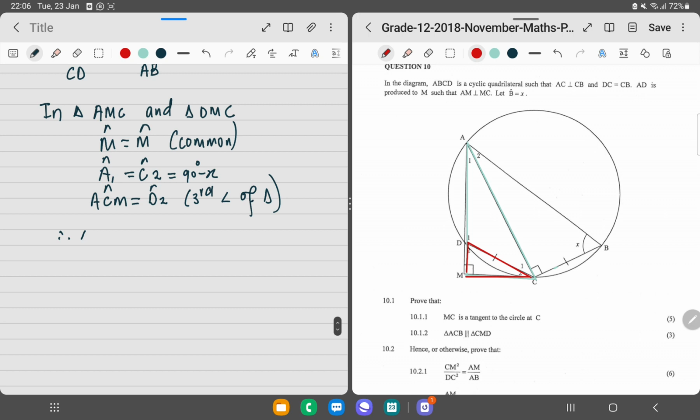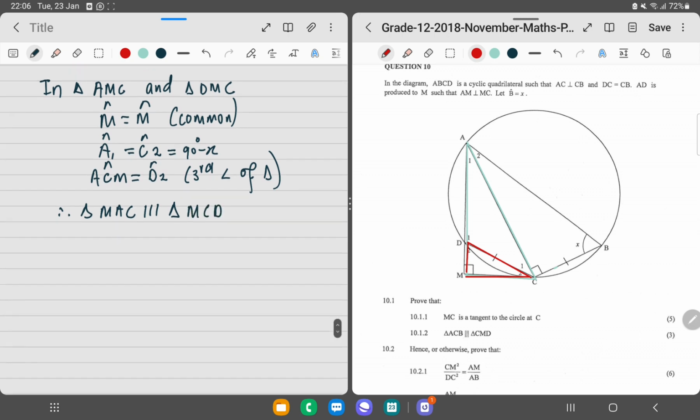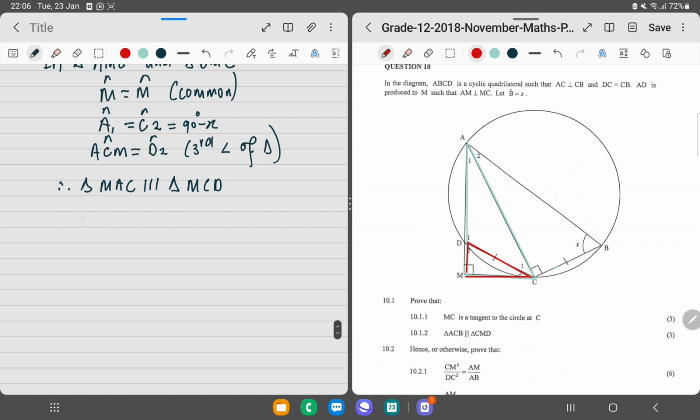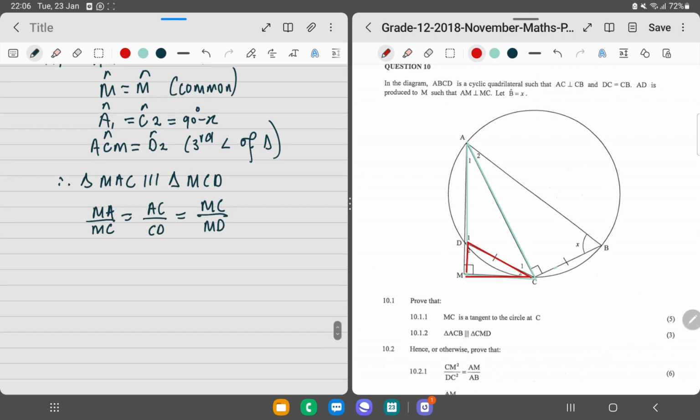So therefore, triangle MAC is similar to triangle MCD. And then we just take the ratio. Let's just say MA over MC is equal to AC over CD, which is equal to MC over MD. So it's MA over MC, AC over CD, and then MC over MD.